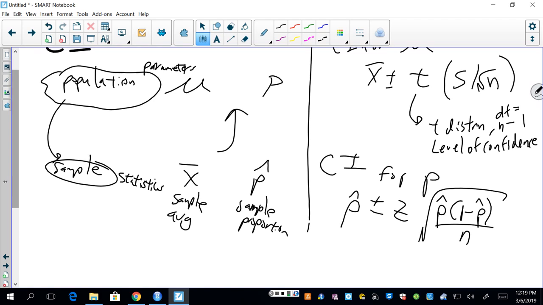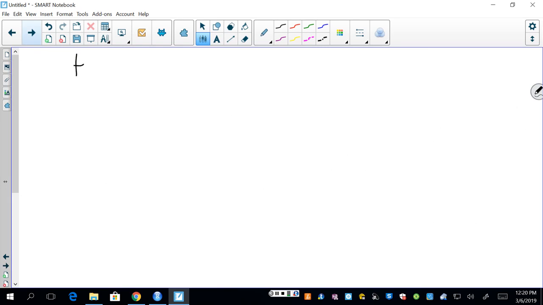The other way that this is done, in hypothesis testing, is to start out with a hypothesis about what you think these things are. What is the population mean, or what is the proportion? So we can form some hypotheses about the parameters.